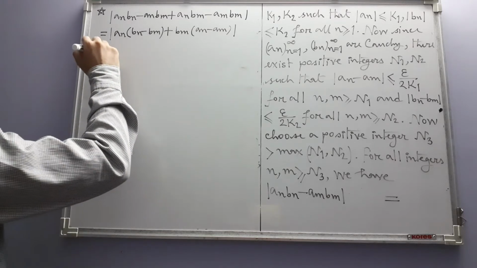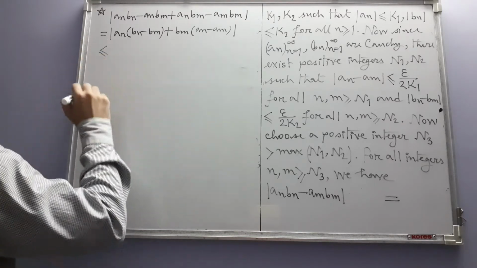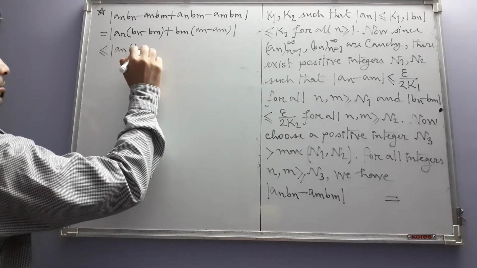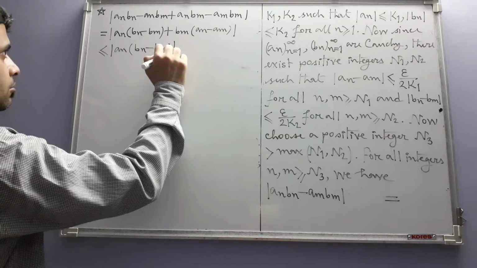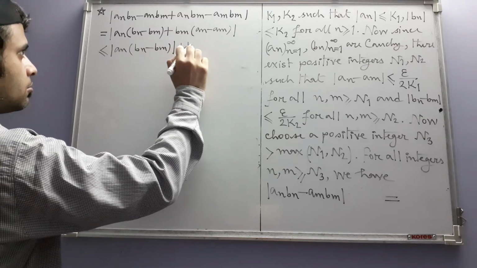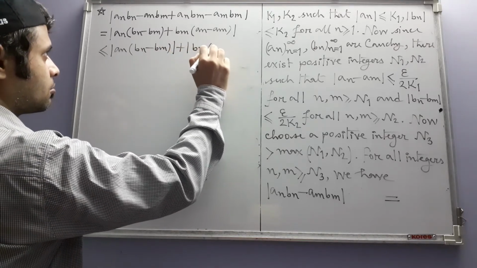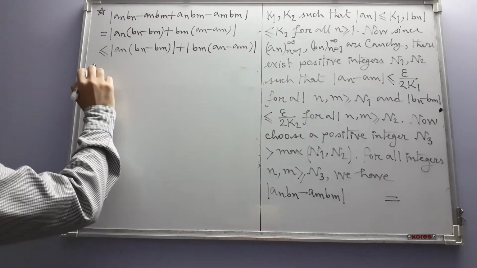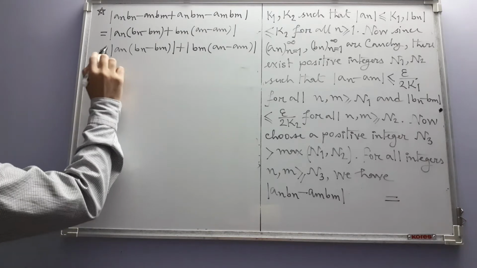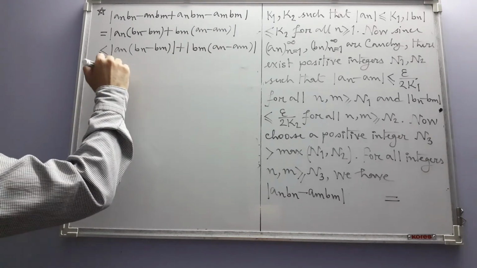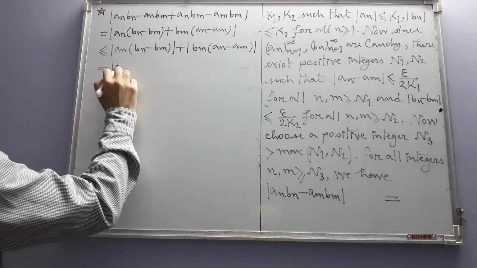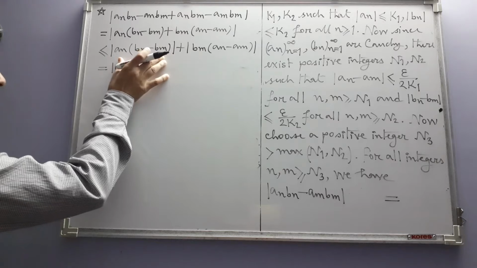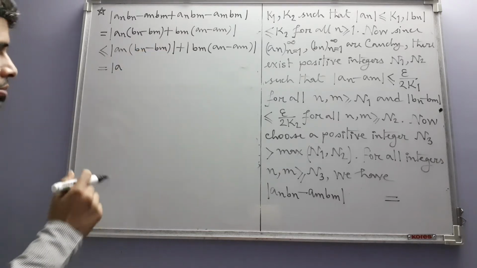So now if I use the triangle inequality, then first I will get this. And then this thing is equal to, using further properties of multiplicativity of absolute value, if you have the absolute value of a product, that is equal to the product of the absolute values.